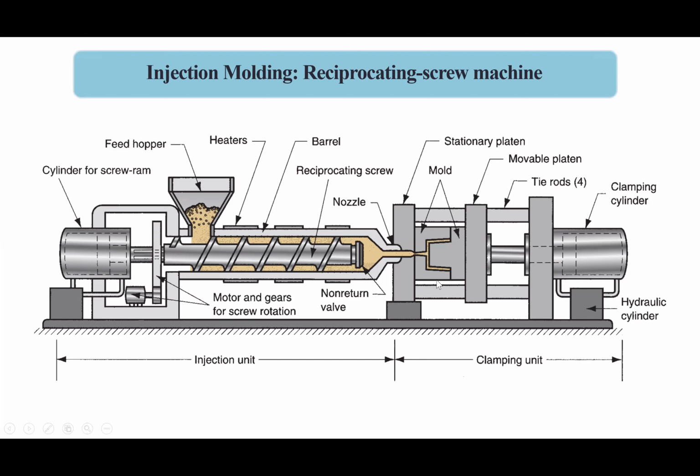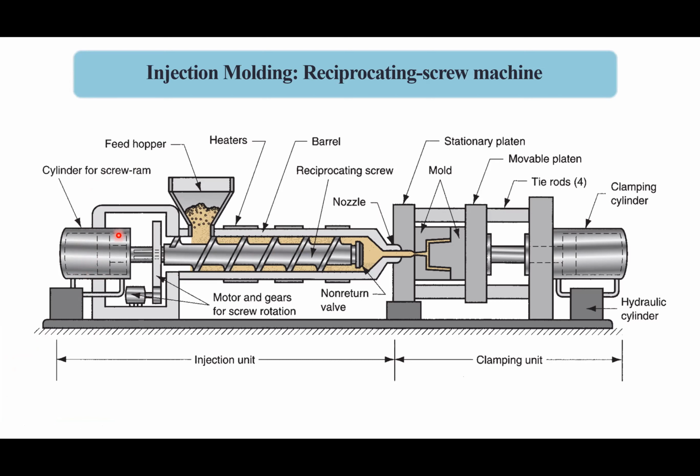Then we get another shot of material into the cavity. So if we want to review the previous lecture, the components involved in the injection molding machine, first of all, we need a screw. It's a reciprocating screw which can move forward and backward with the help of a screw ram, either a pneumatic or hydraulic system, or any clamping system, whatever is suitable for the machine.